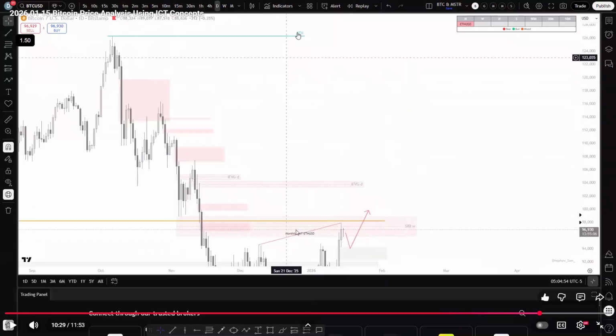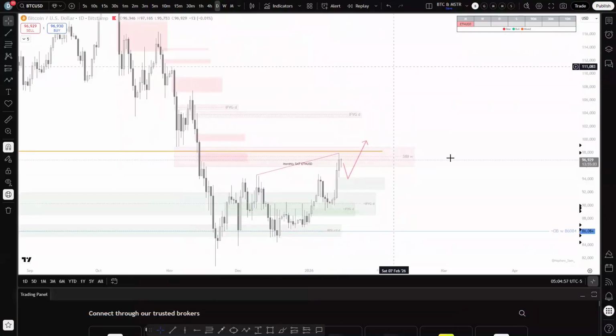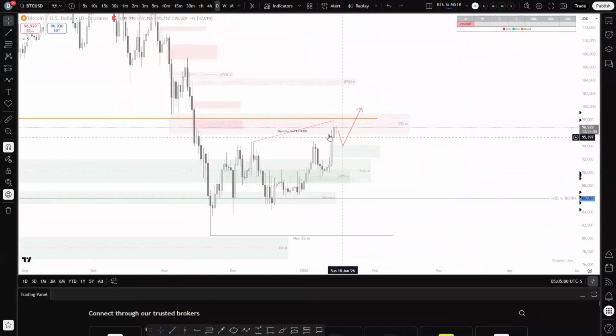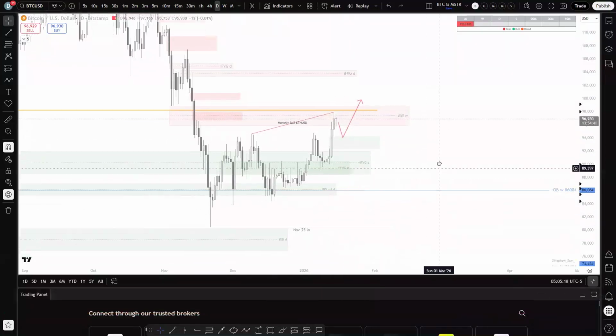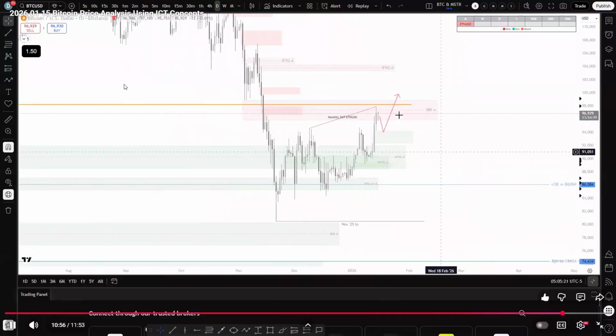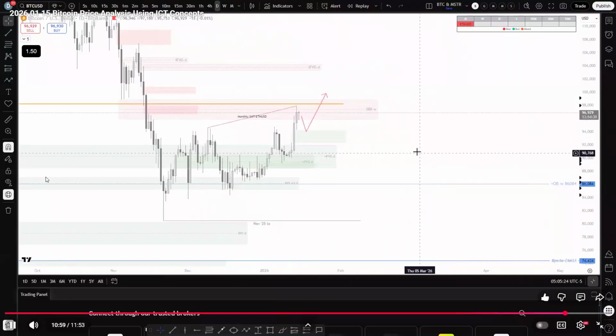This is a BISI, sorry, as support to continue higher, or are we going to go lower to new all-time highs? If we kind of stumble over here and we start to see chop, maybe come down, fill this in, come back up, and we start to do some of what we saw over here in this section here, then it could very well be that we are heading back down, and we will, after all, take out the November low. So I don't know which one it will be, but this is what I'm looking for in my analysis.